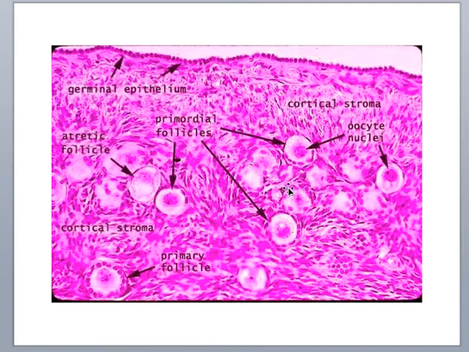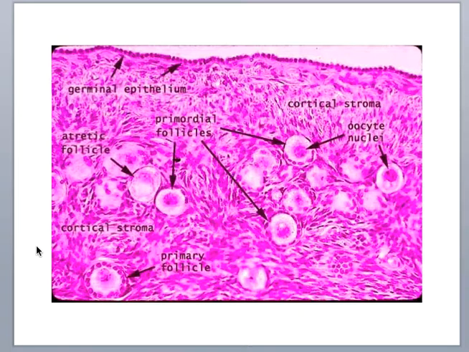So here's another image. These are primordial follicles. This would be our oocyte, and you can see it looks almost like a simple squamous, a single layer of flattened follicular cells surrounding them. Now, upon release of FSH and LH, primarily FSH, when I use the term follicle, I refer to the follicular cells that surround the oocyte and the oocyte itself, okay?